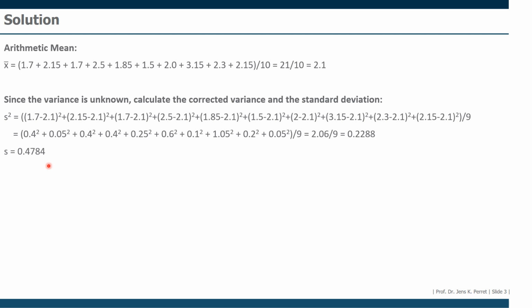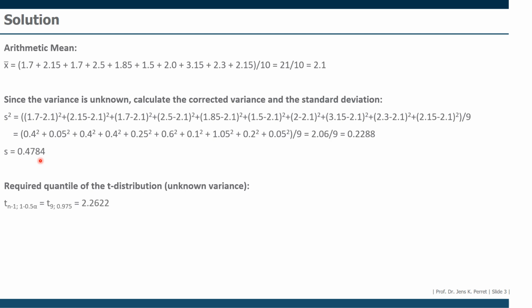And there's one final part we're going to need. Since the variance is unknown, since we had to calculate the variance and the standard deviation here, we're going to work with the t-distribution version of the confidence intervals. So we also need the corresponding quantile of the t-distribution.